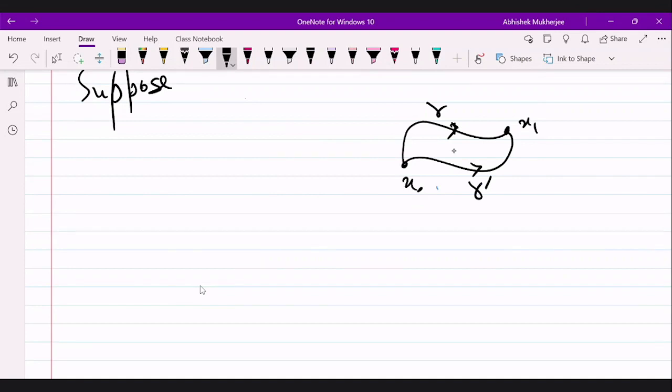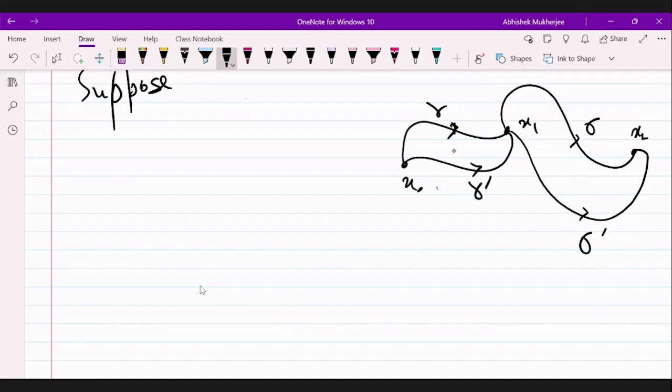Similarly, we are taking two paths from x1 to x2. One has been defined as sigma, another one is sigma dashed. And we are assuming that this gamma is path homotopic to gamma dashed and sigma is path homotopic to sigma dashed.